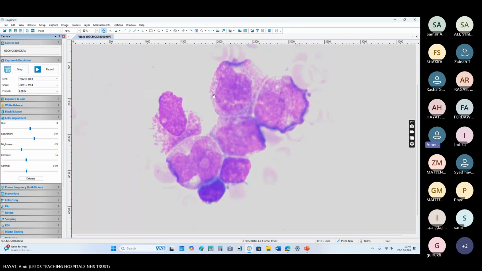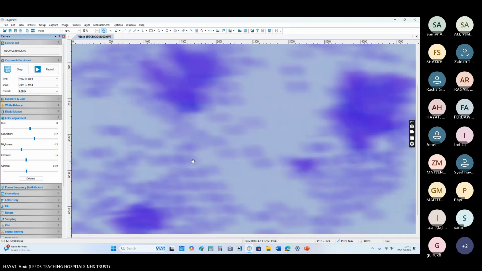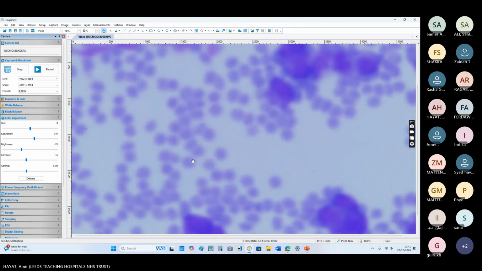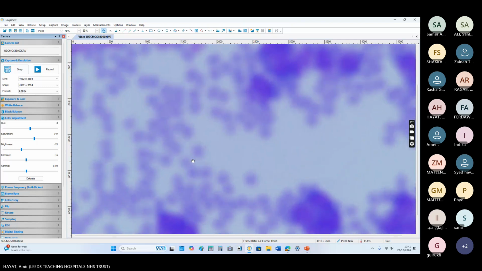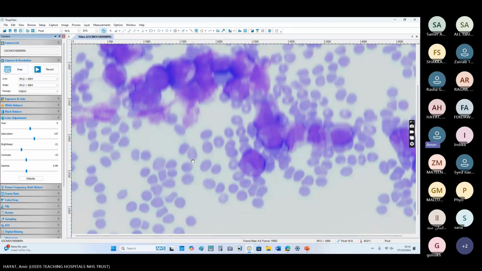There are a lot of granular cells and the blasts and promyelocytes. I think it is easy to diagnose APML on aspirate than on blood film.